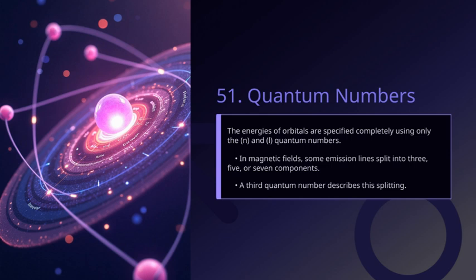Specifically, the energies of these orbitals are fully specified using just 2 quantum numbers: the principal quantum number, N, and the azimuthal quantum number, L. These 2 numbers tell us a lot about the size and shape of the orbitals, and together they help us understand the energy levels and how they behave under external influences like magnetic fields. So, understanding these quantum numbers and their role is key to explaining spectral lines and their splitting patterns.